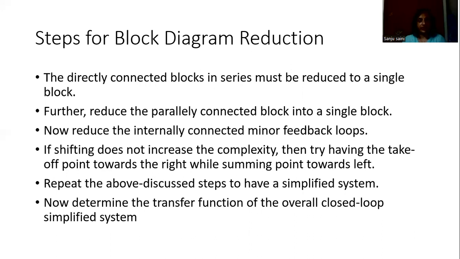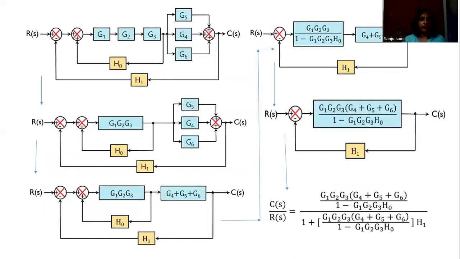And these steps are repeated again and again to get a simplified system. Once we have a simplified system, we can directly get the value of the overall transfer function of the system. So for that, let us consider this first block diagram.